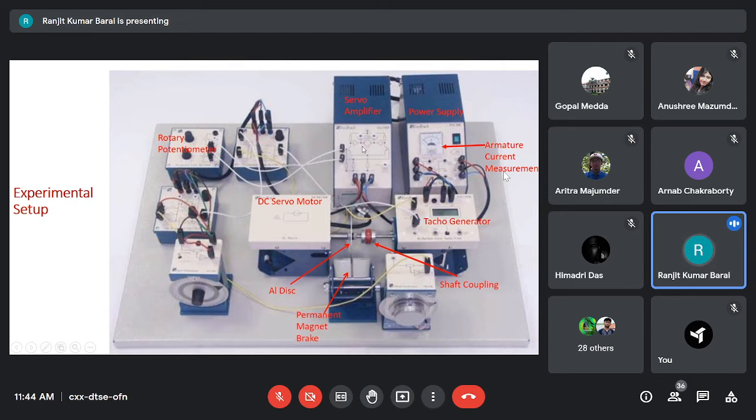The controller is giving command to the valve, and the valve is operating, and the power flow is getting modulated as it flows to the servo motor. That is the actual situation here. Power is coming from the power supply, but it is being controlled. It is being allowed to flow in the armature circuit in a controlled manner, with the help of a controller and the servo amplifier.